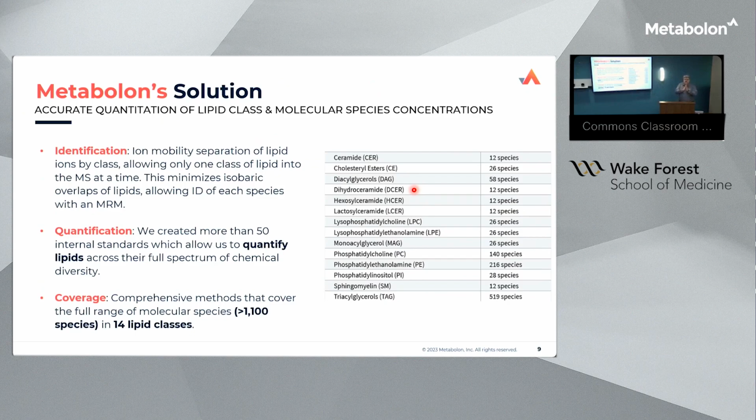We also take into consideration, within a class, the carbon chain lengths as well as the saturation levels. So we have representative internal standards to cover that as well. That allows us to have a quantitative output of a little bit more than 1,100 lipids, covering these 14 classes.